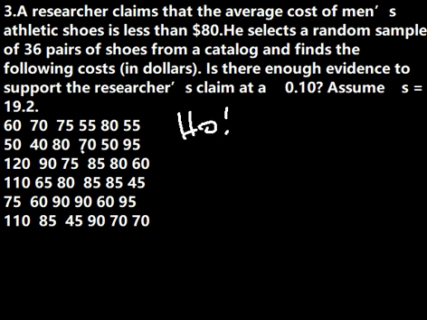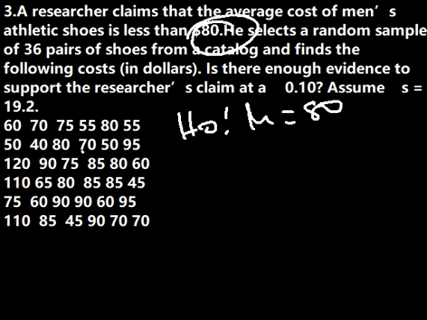The null hypothesis is mu is equal to 80, because the information already known is that the mean is equal to this one.